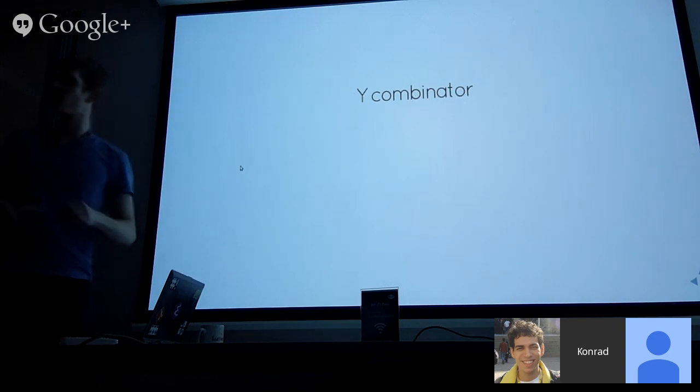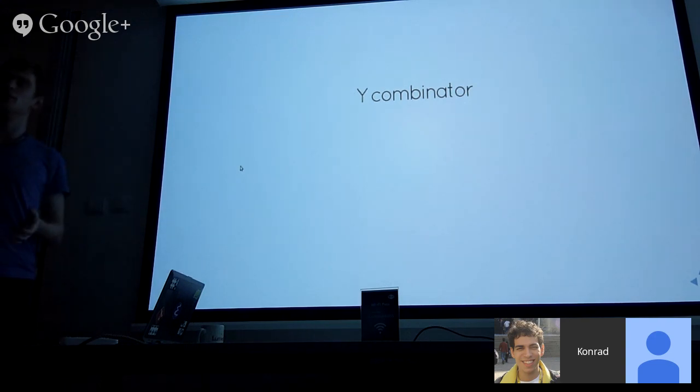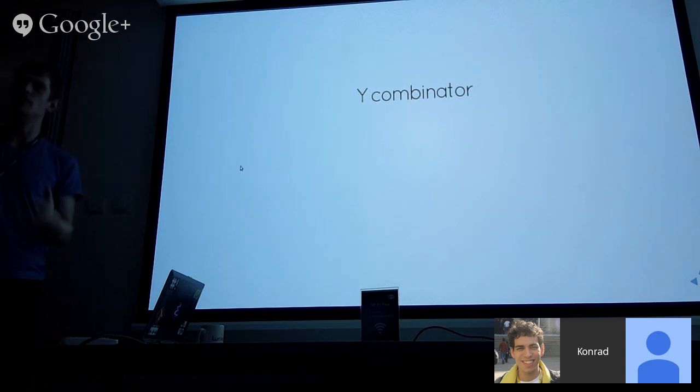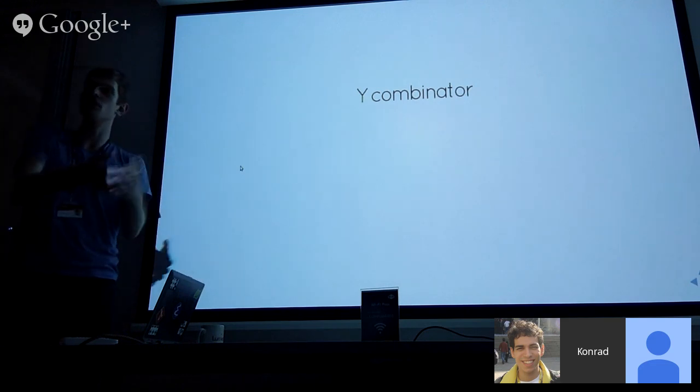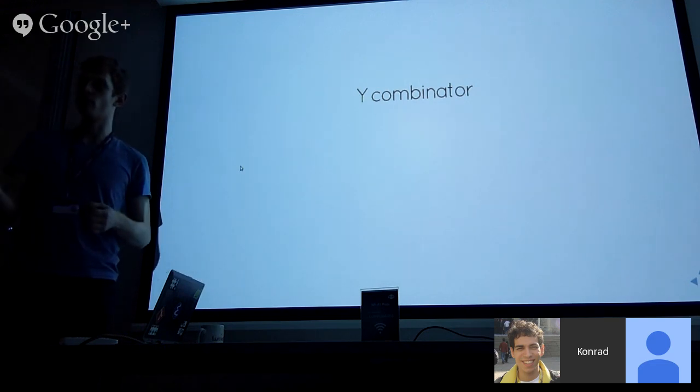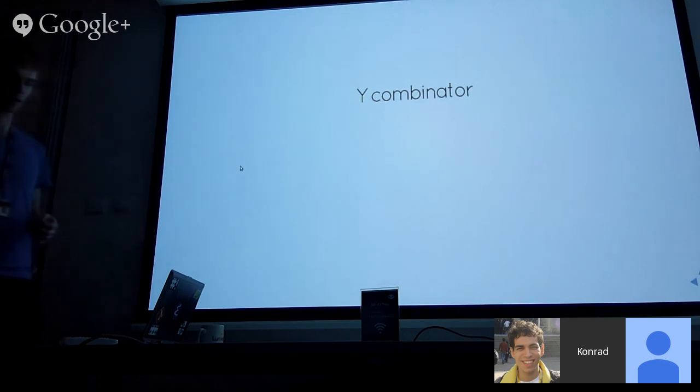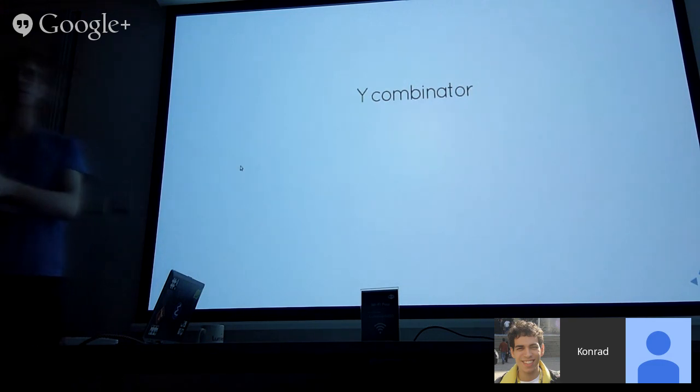As we said, it is a fixed point combinator. A fixed point of a function is generally a value for which the function returns the same value. For example, the square function has fixed points 0 and 1, because square of 1 is 1 and square of 0 is 0.